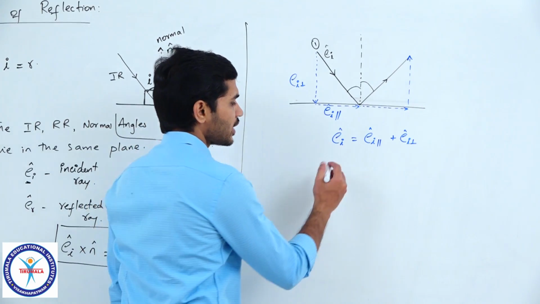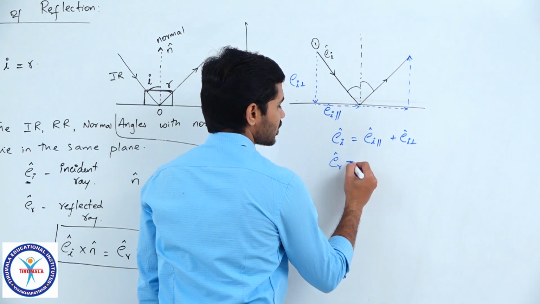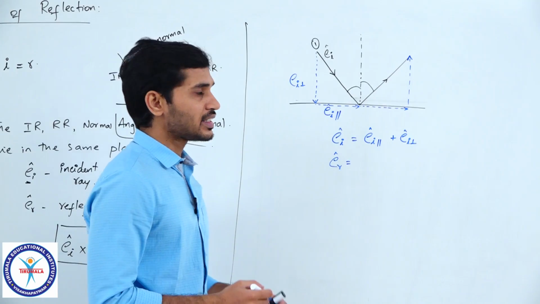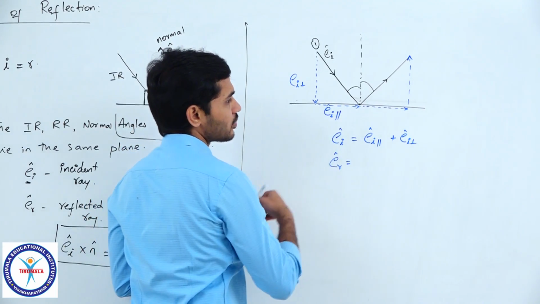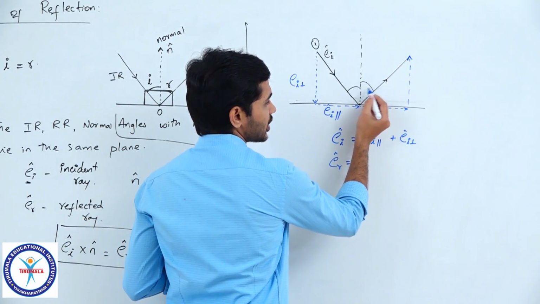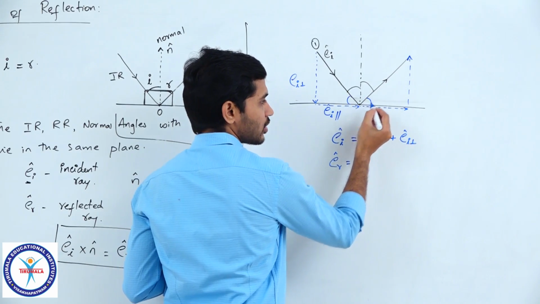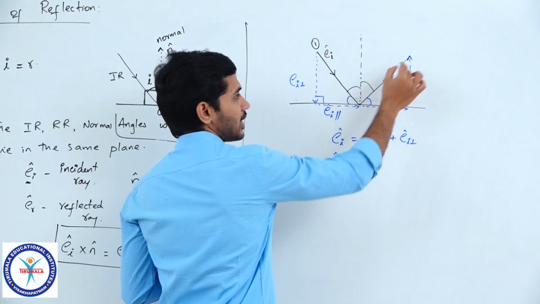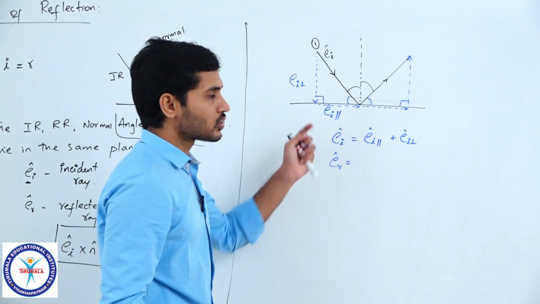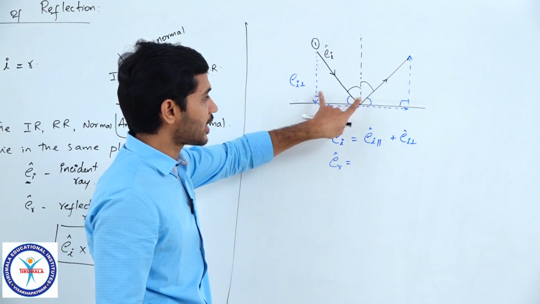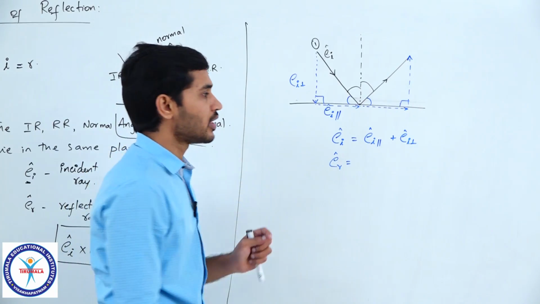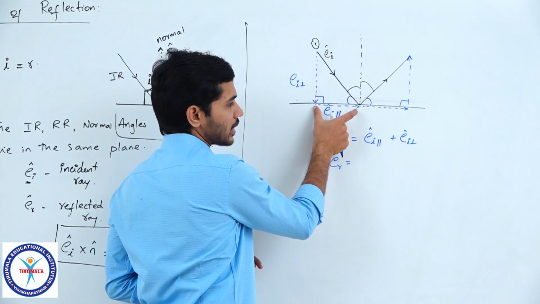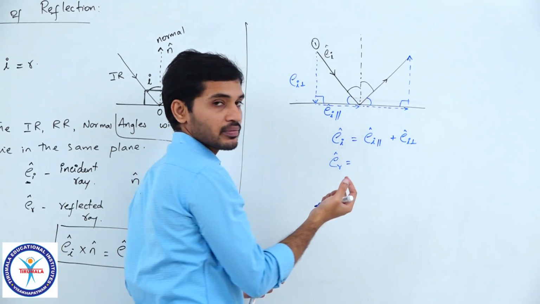Now, if I try to write the reflected ray also in a similar manner, you can easily see that because the angles are the same, this angle being equal to this angle will automatically mean this and this are also the same. This and this are 90 degrees and this has a magnitude of 1. So, they are basically congruent triangles, this right angle triangle and this right angle triangle. So, I can say this vector and this vector will be the same.